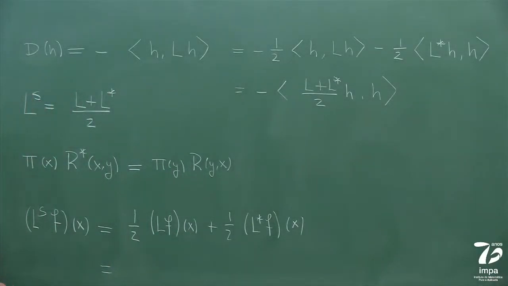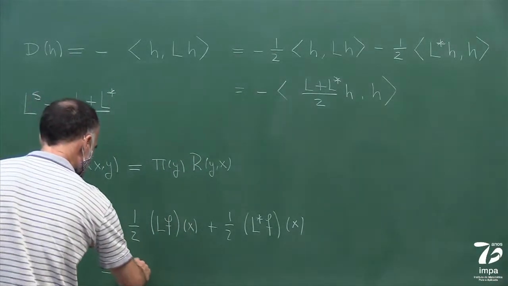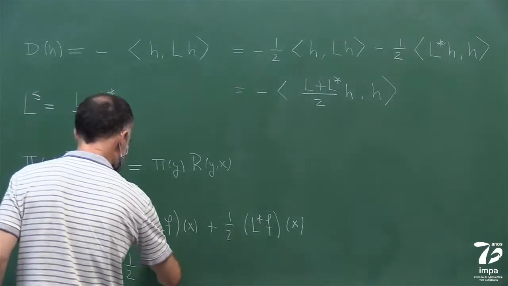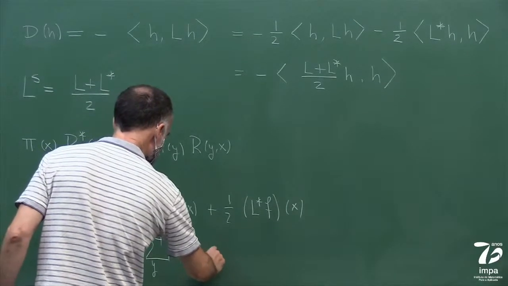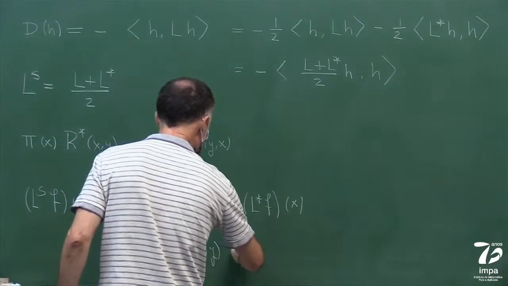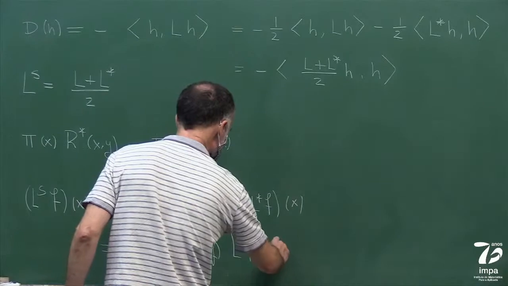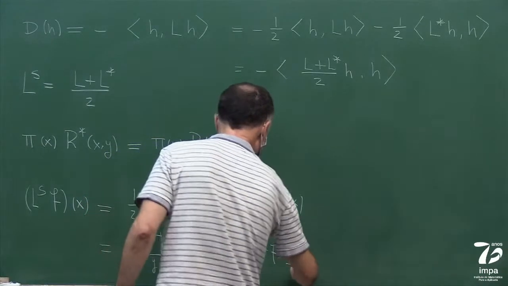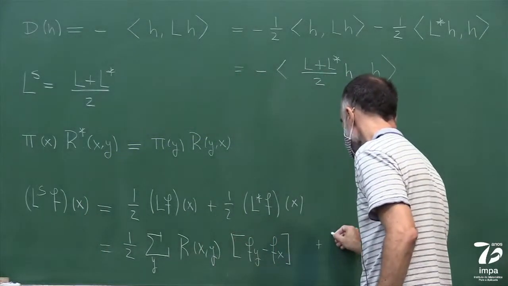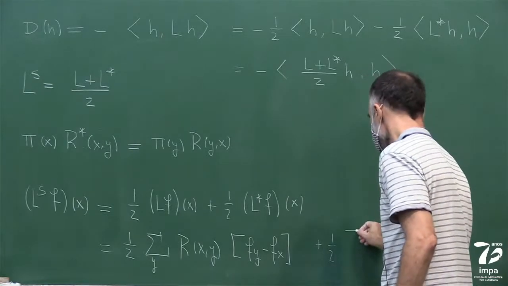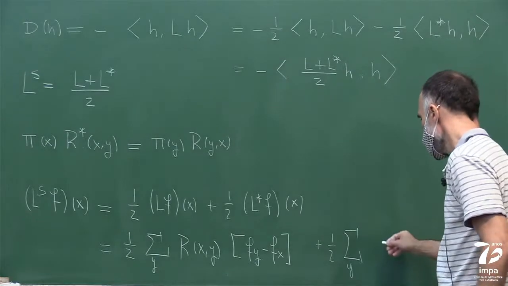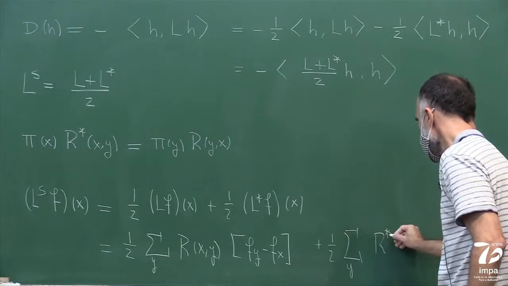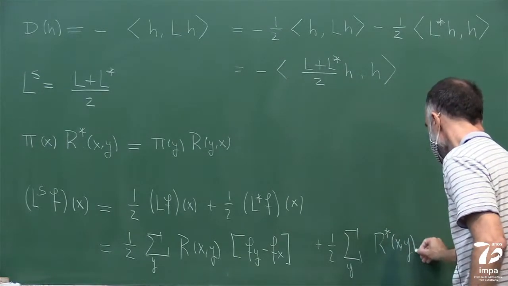And now by definition of L, this is the sum over all y, rxy, fy minus fx, and plus the same thing but with L star. So here we have the rates for L star.